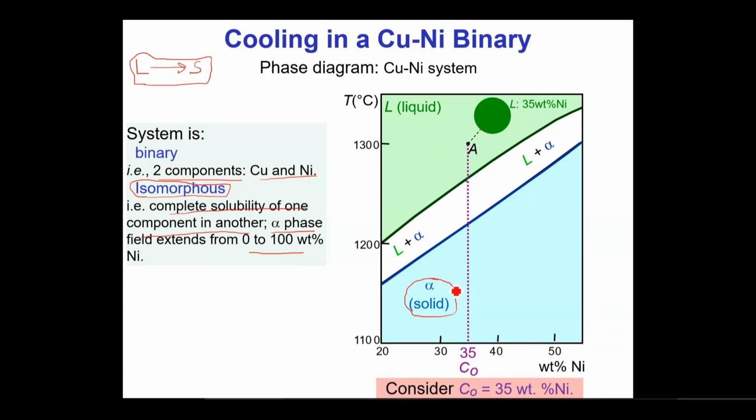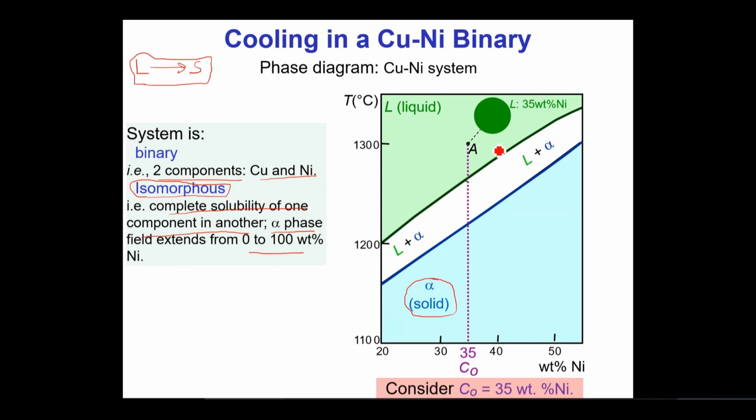The alpha regime is present throughout the composition range. Although for some compositions it would be existing for a higher temperature, for some compositions for a lower temperature, irrespective of the temperature, for all the compositions you can have alpha existing. That means copper is completely soluble in nickel, or nickel is completely soluble in copper.